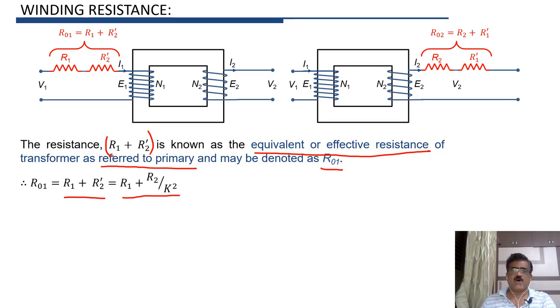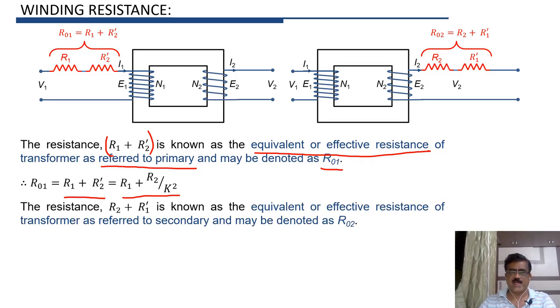Similarly, if all the resistances are transferred on secondary side, then we can add R2 and R1 dash. So this resistance R2 plus R1 dash is known as equivalent or effective resistance of transformer as referred to secondary, and it may be denoted as R02.